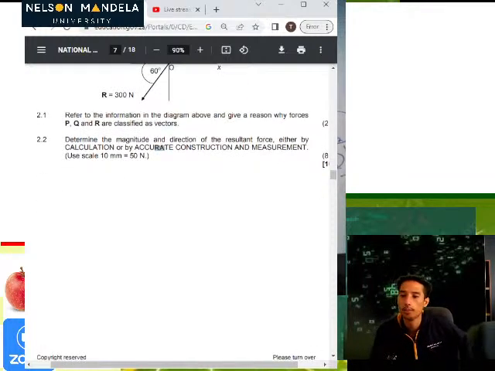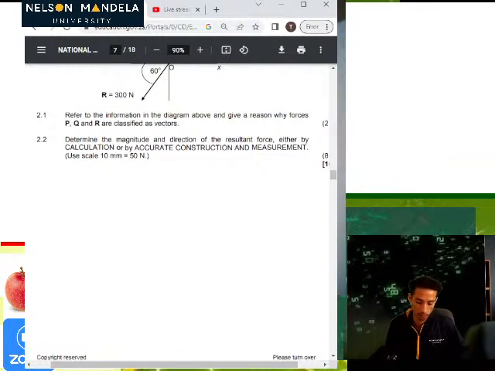So determine the magnitude and direction of the resultant force either by calculation or by accurate construction and measurement.